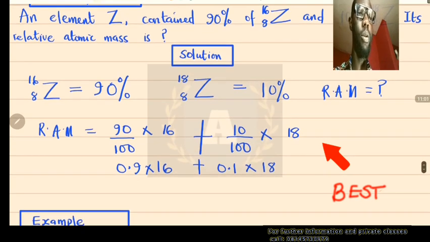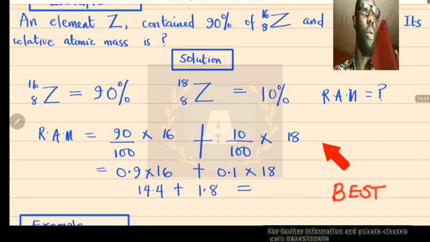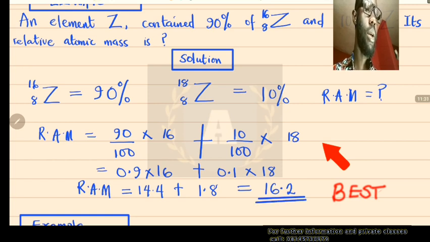Now 0.9 multiplied by 16 gives 14.4, plus 0.1 multiplied by 18, that is 1.8. Adding 14.4 and 1.8, that is 16.2. So that is the relative atomic mass of the atom X. Okay, so I hope that is clear.